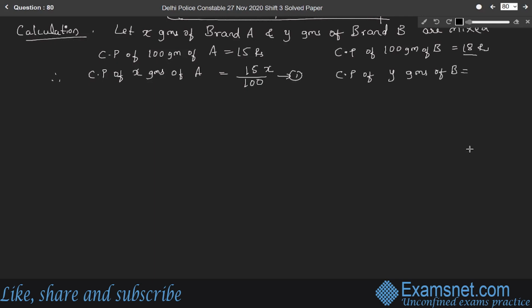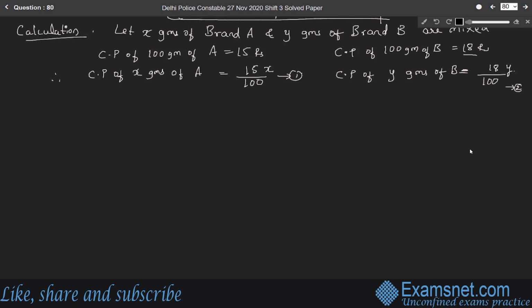In the mixture there are Y grams of brand B. For 100 grams of B the amount is 18 rupees, so the cost price of Y grams of B is equal to 18Y by 100. Consider this as equation 2. So now we have 18Y by 100 and 15X by 100.